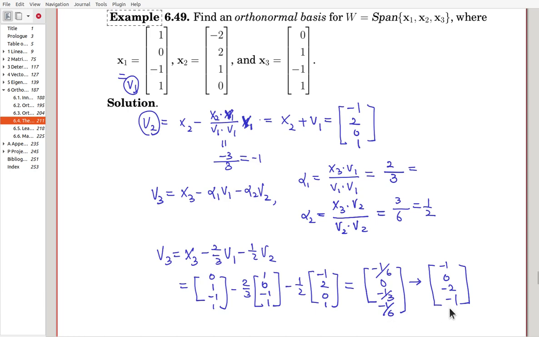Now if we want to get orthonormal, then for these 3, you can scale to become length 1. So length is square root of 3, divided by square root of 3, which is u1, and divided by square root of 6, and again divided by square root of 6 will give you 3 orthonormal vectors, which will form an orthonormal basis for W.